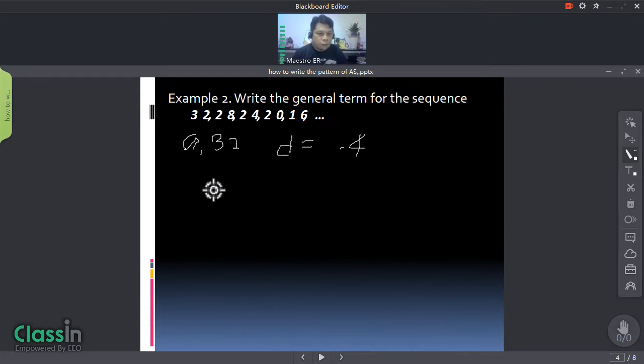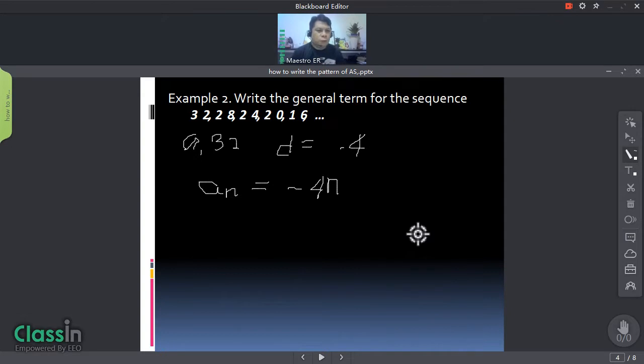So directly you write a sub n equals to negative 4n. So we have that one. Then what number to be added so it will satisfy to your first term na 32.